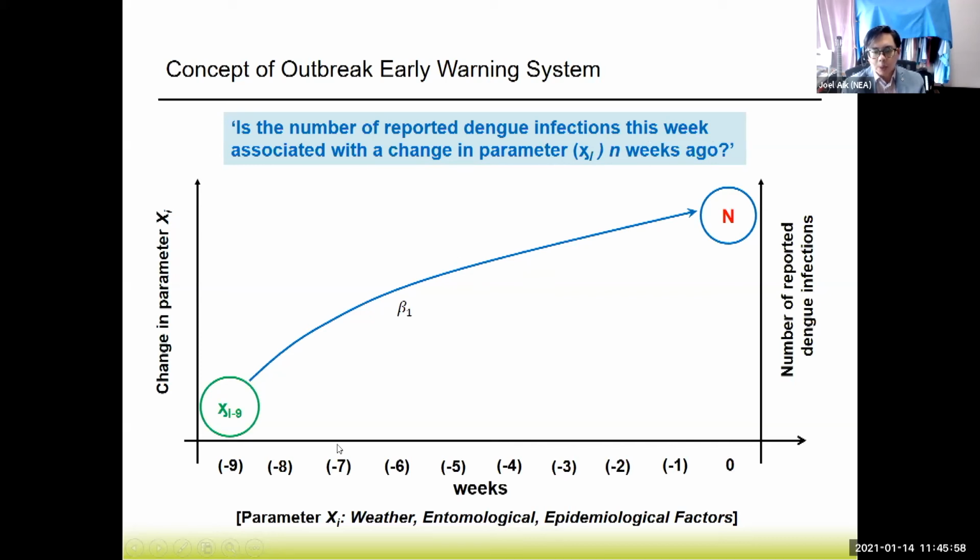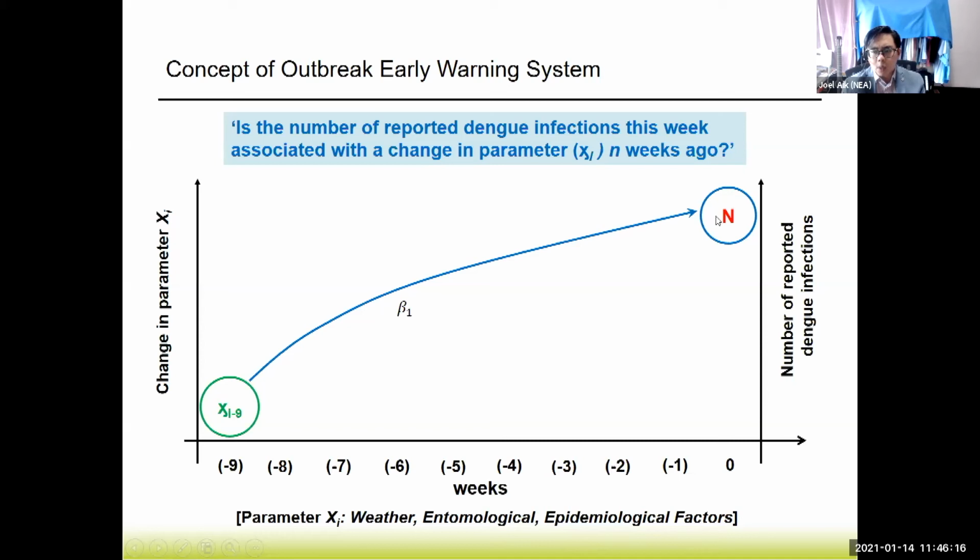This change in parameter could be any weather factor. It could be temperature, it could be rainfall, and then entomological, which could be either larval indices or adult entomological indices, and other kinds of epidemiological factors.